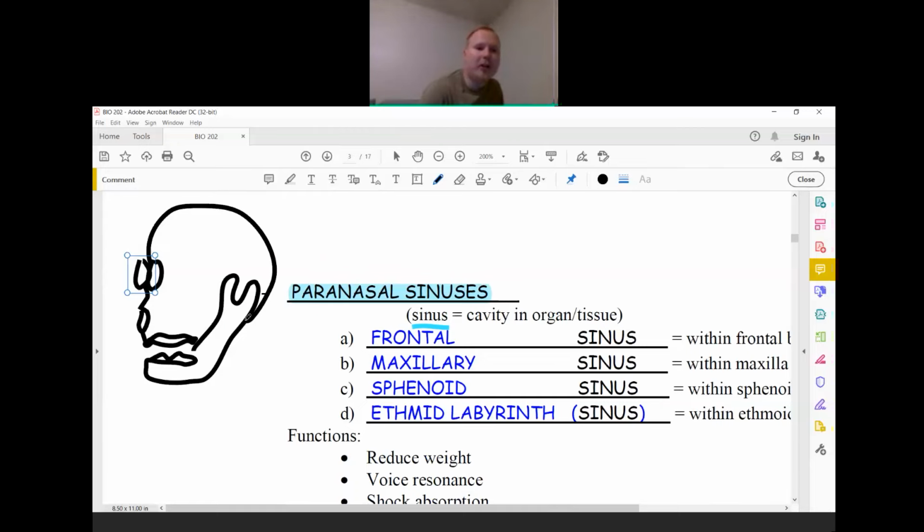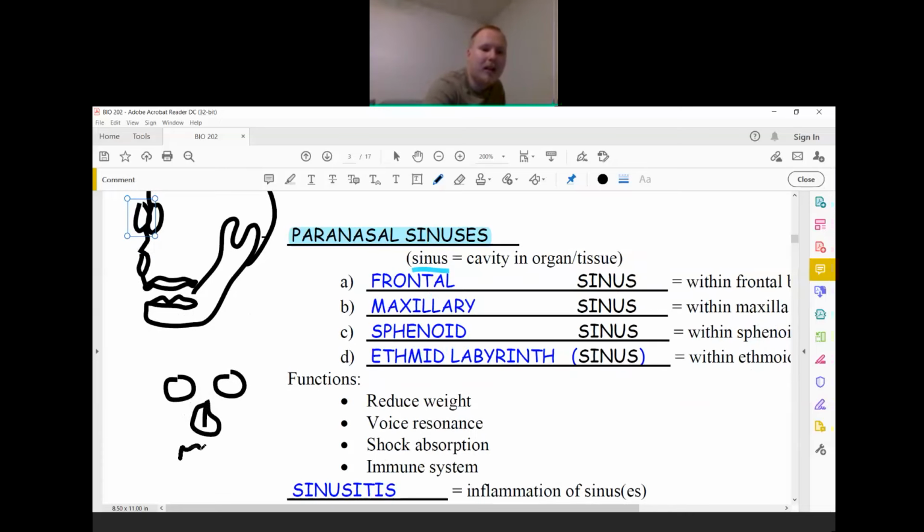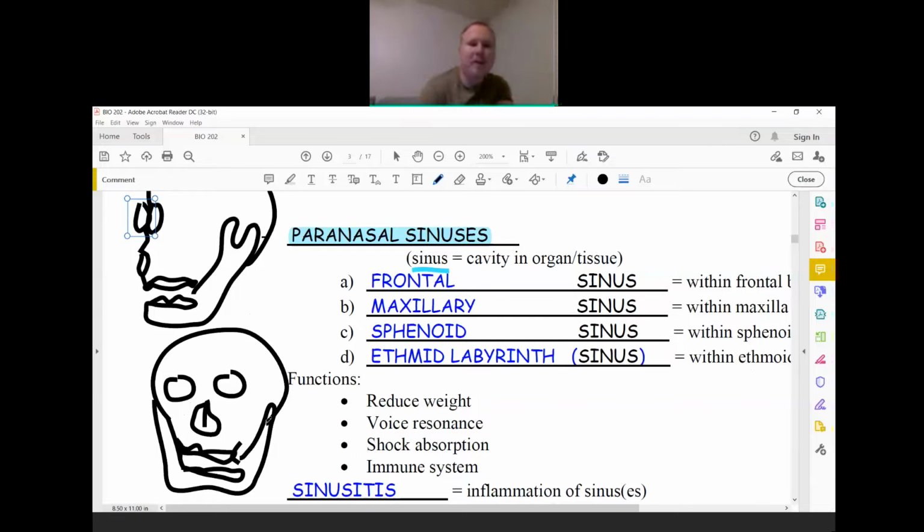And we're going to do another drawing of the skull from the front. So two eye sockets, the nose that we saw earlier with the septum in the middle, upper jaw teeth, and lower jaw teeth on the mandible, and the rest of the mandible. So they're really quick sketches, but we're going to use those as we work through the paranasal sinuses.